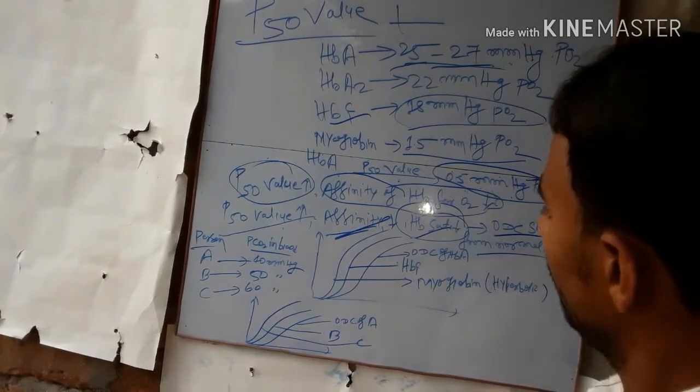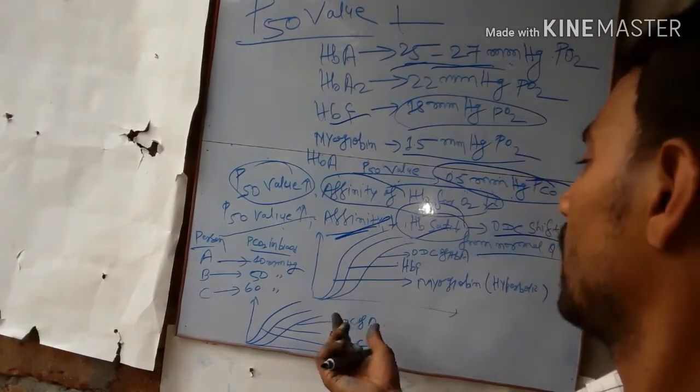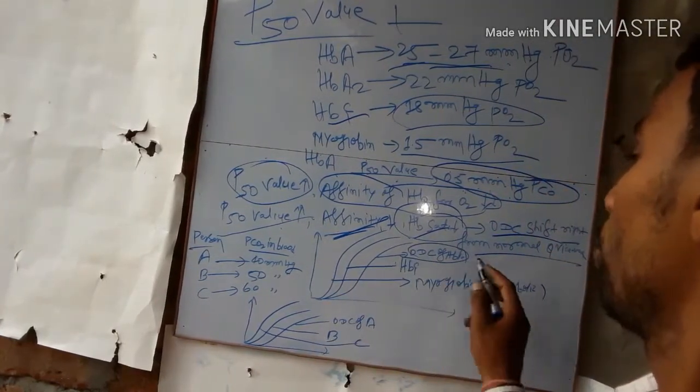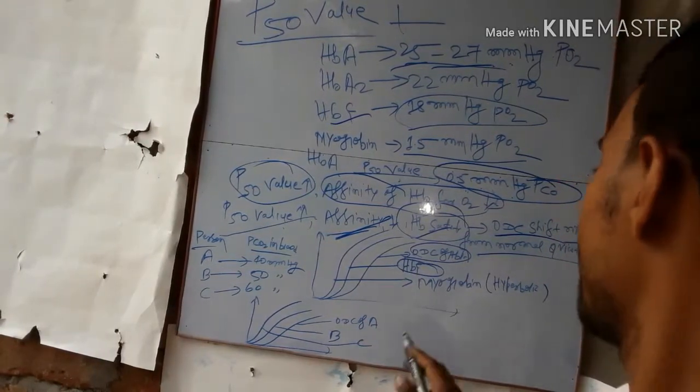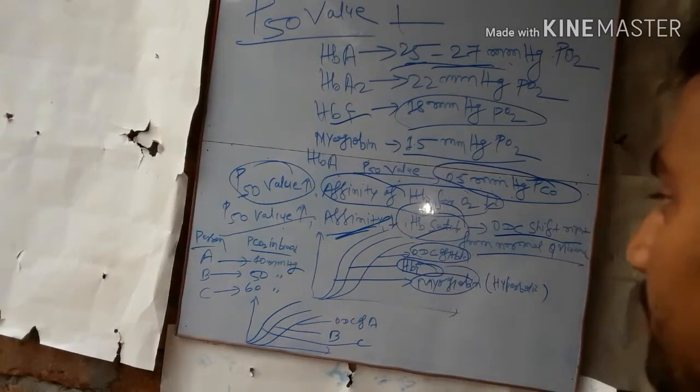This is the graph of the ODC for hemoglobin A, HbF, and myoglobin.